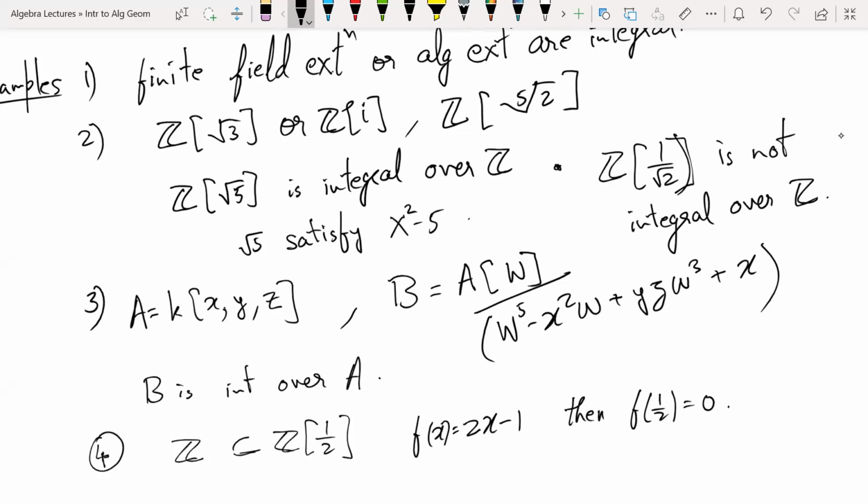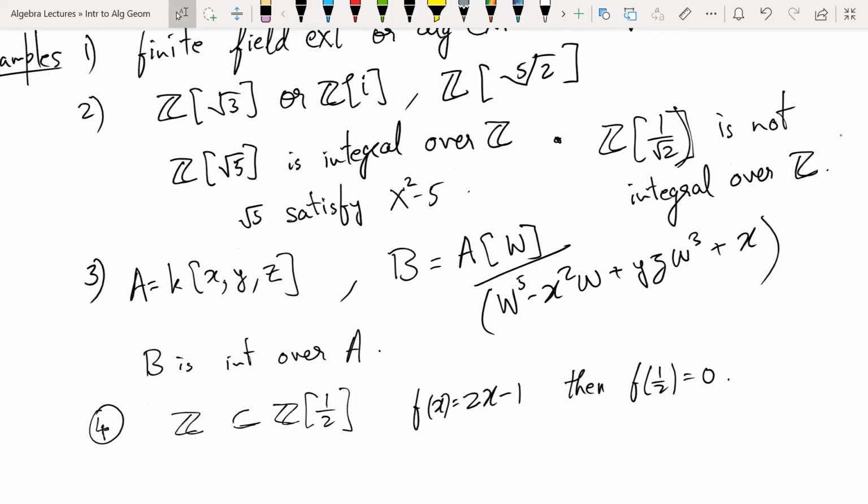But this is not enough justification. You have to work a little harder, because this polynomial not working doesn't mean that no polynomial can work. Theoretically it may happen that some other monic polynomial is satisfied by this number 1/2, but in this case, there's something called normal rings, integrally closed rings, which I don't want to talk about right now.